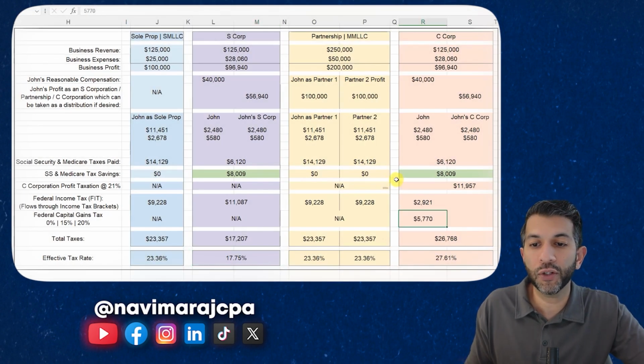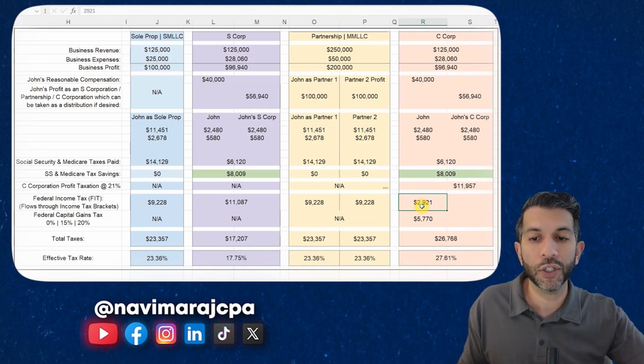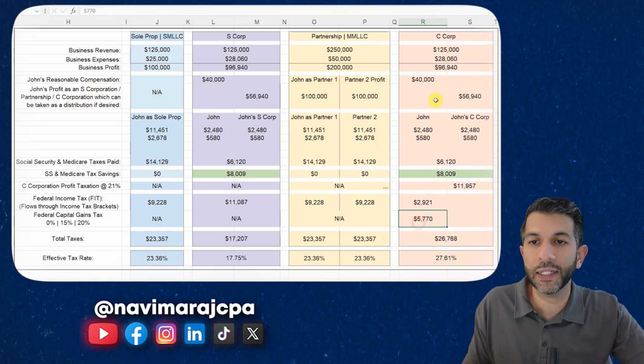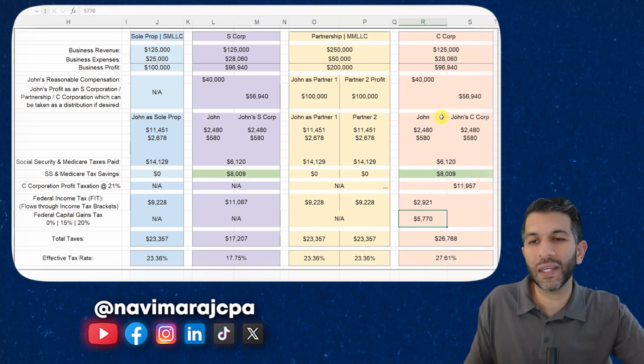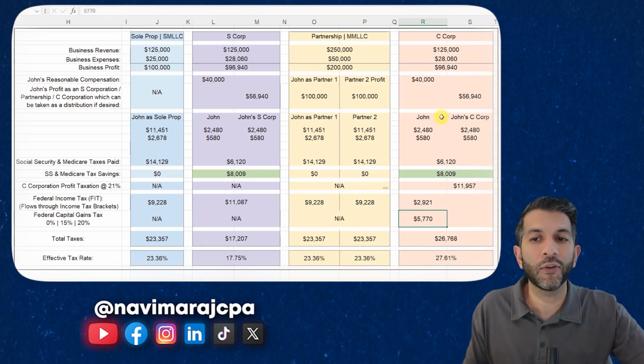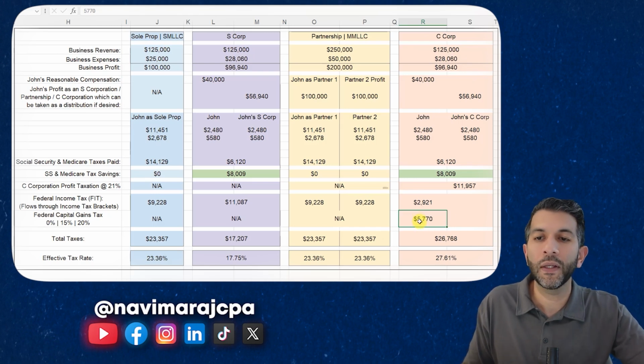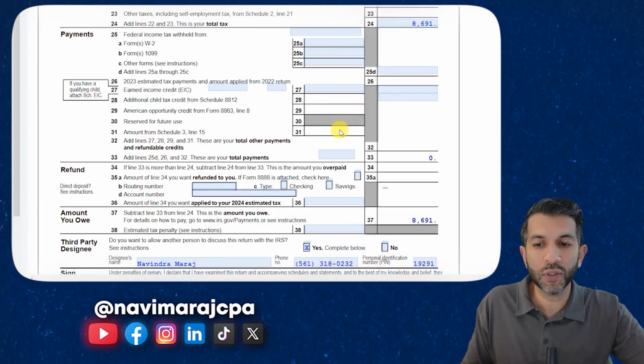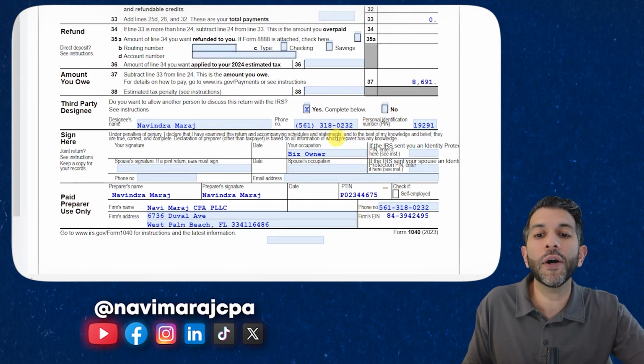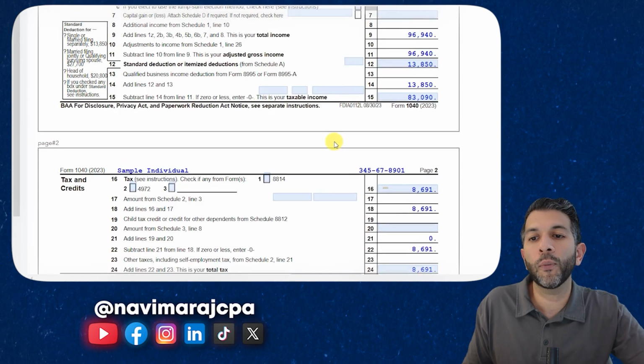So I'm not sure the case could be made to leave that in there. Again, there's a place for the C corporation. It's just not here in this particular example. So if your business is making, I don't know, 150 grand or less in profit, chances are C corporation is not right for you. But I hope this was helpful in helping you understand how C corporation taxes work.